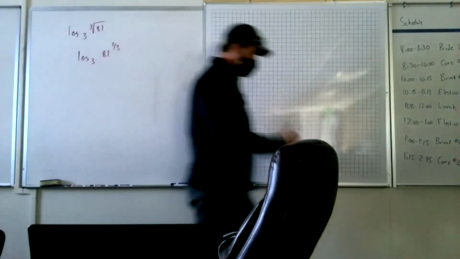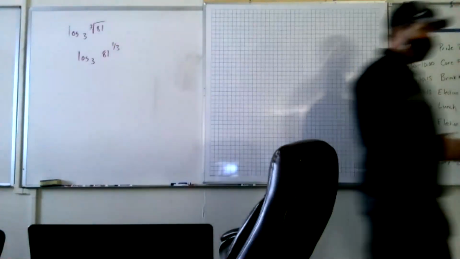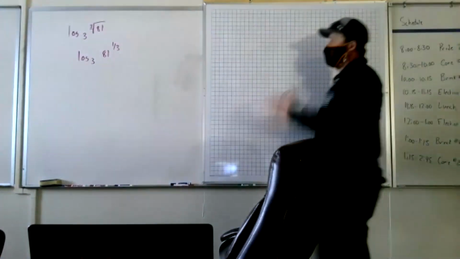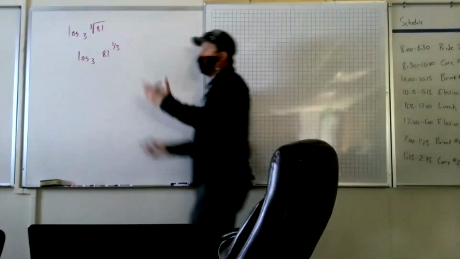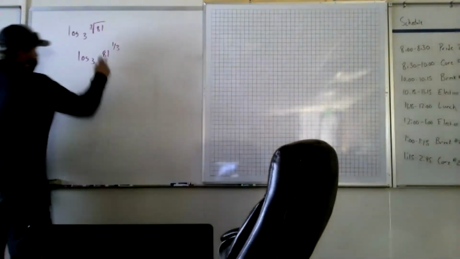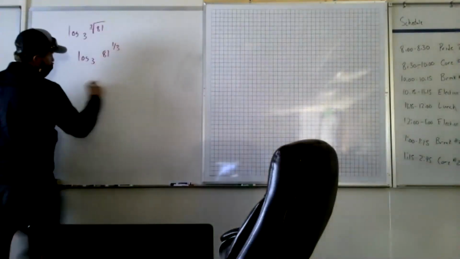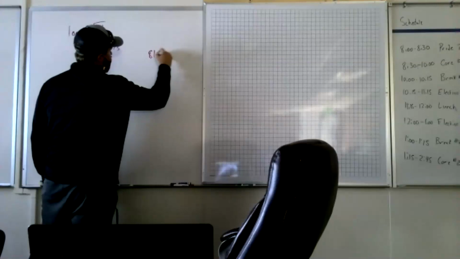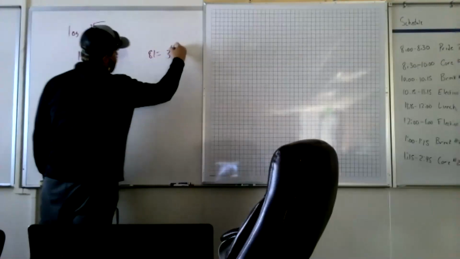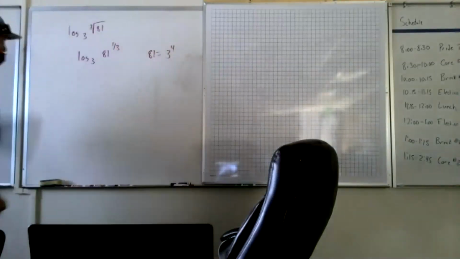Okay, now the next thing I have to ask myself is how could I get 81 into a base of 3? Well, 3 times 3 is 9, times 3 again is 27, times 3 again is 81. So this 81 is equivalent to 3 to the 4th, right?